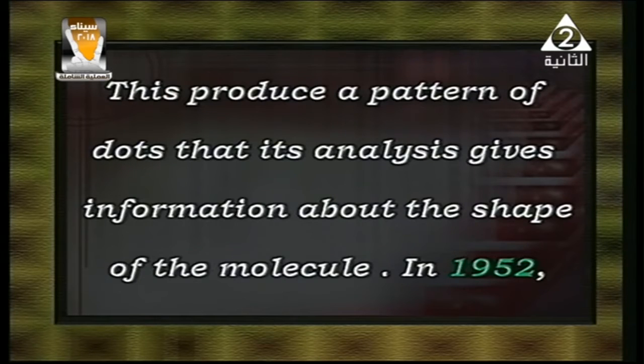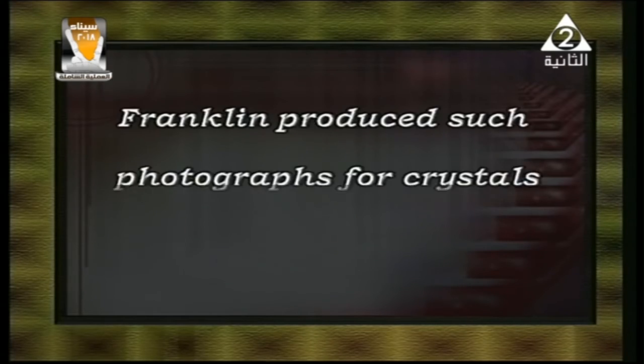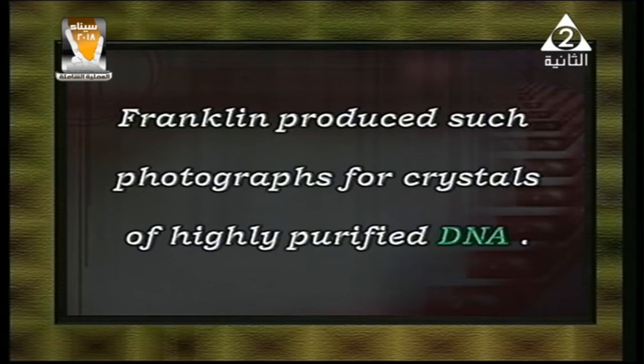This produced what? A pattern of shapes, a kind of dots. By analysis of these dots, they got information about the shape and structure of DNA. In 1952, Franklin produced such photographs for crystals of highly purified DNA.